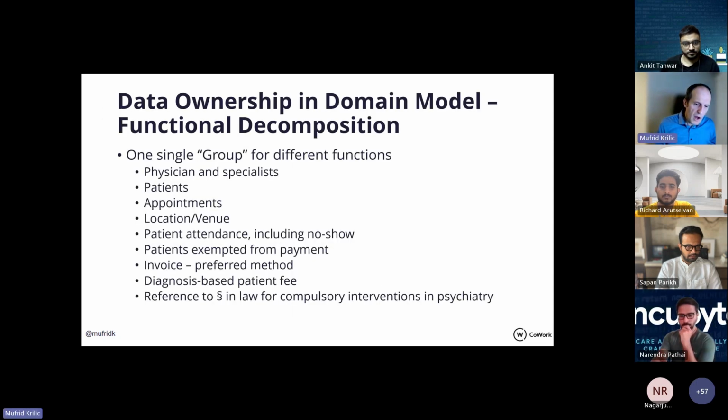However, being from the domain-driven design community, there is a lot of advice about trying to find different models before you select one and go on with it. So we asked ourselves, are there different ways to approach this?